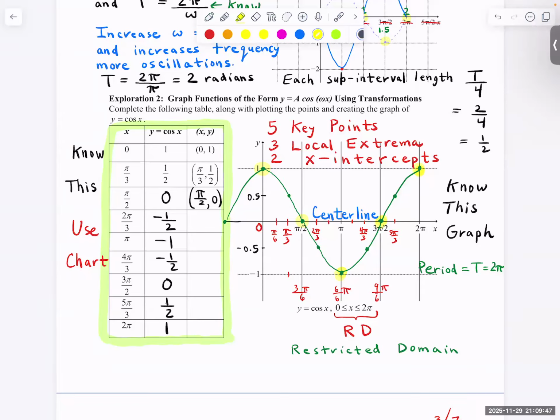Now that length of 2 pi, if we divide it into 4 subintervals, it'll be from 0 to pi over 2, pi over 2 to pi, pi to 3 pi over 2, 3 pi over 2 to 2 pi. The length of each of those is going to be pi over 2, because if you take the fundamental period, 2 pi, and then you divide that by 4, 2/4 is 1/2, or pi over 2. So pi over 2 is the length of one of the 4 subintervals.